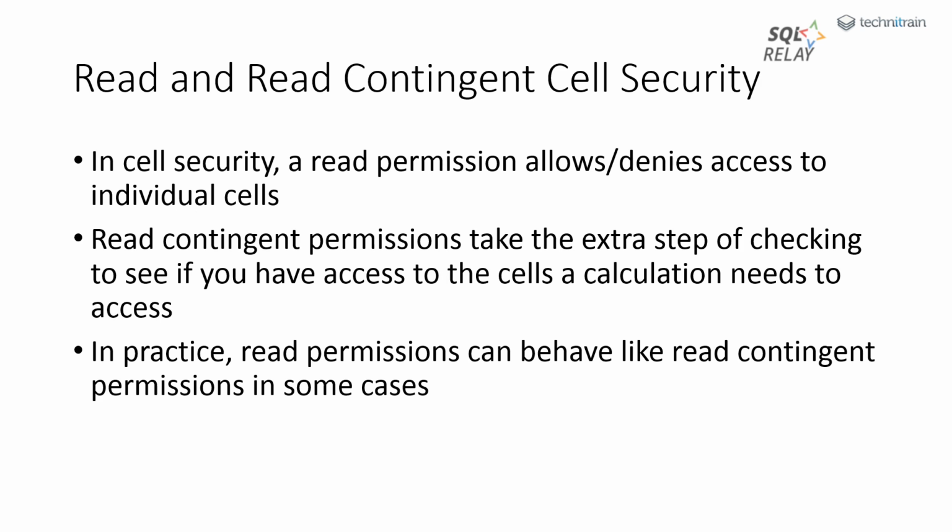Moving on, cell security. So I'm going to assume you know how to use cell security. Cell security, of course, allows you to allow or deny access to individual cells inside your cube. But not everybody understands the difference between the different flavors of cell security.